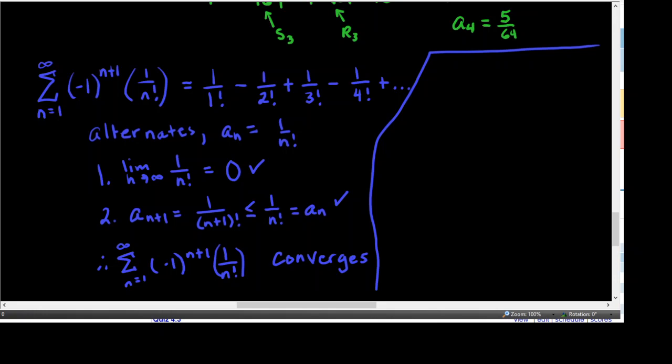So let me just write those in: plus 1 over 5 factorial would have been the next one, minus 1 over 6 factorial. And of course the next one, which they didn't ask us for yet, but I'm going to write it down anyway. You'll see why in a second if you don't already know. And it continues.